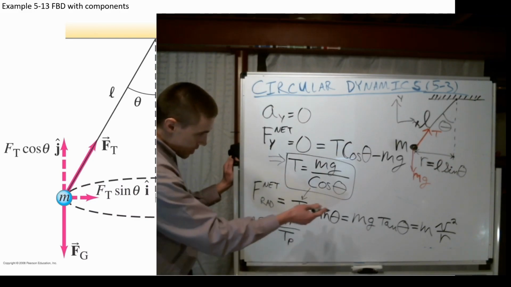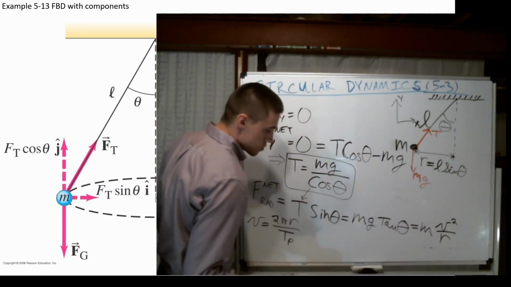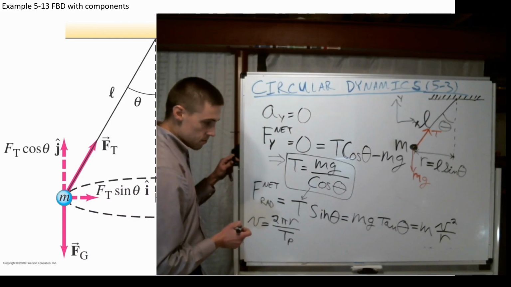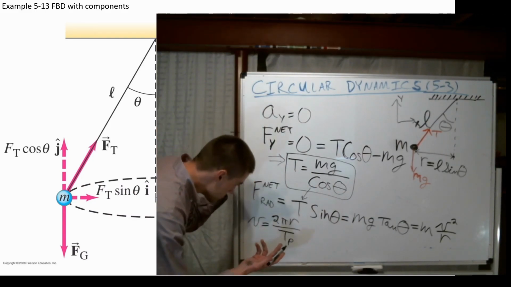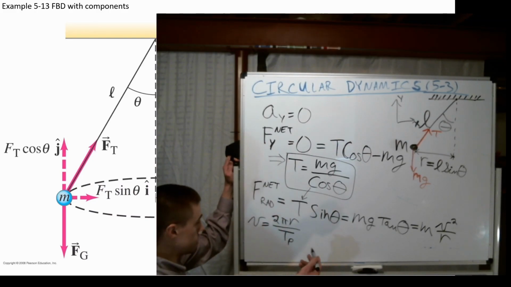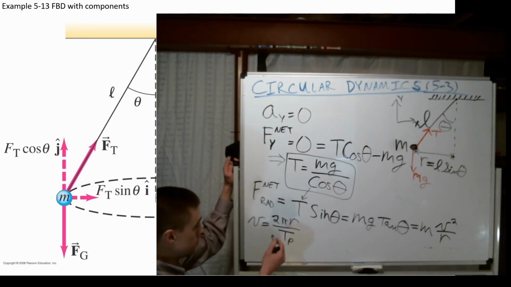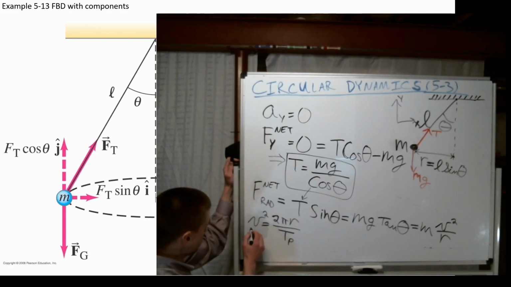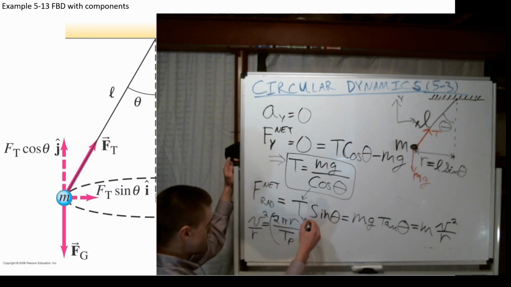So I can plug that in to this equation here to solve for the period. Now, doing this, it's sometimes helpful to put the radial acceleration in this form where I use the v squared over r equation. That's going to be this squared divided by r.